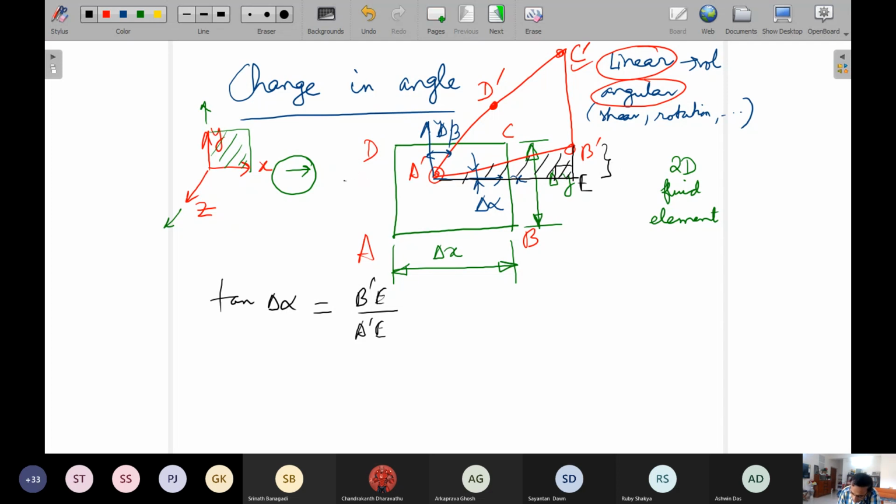If you see very carefully, it is the difference between the vertical displacement that has taken place at the 2 points A and B. So what is this vertical displacement here?